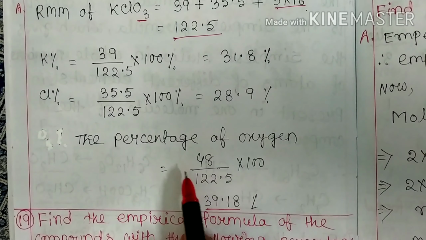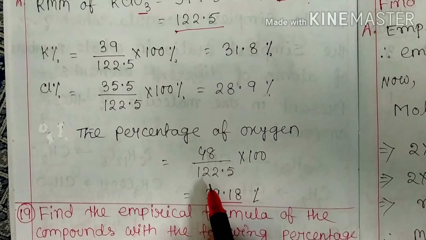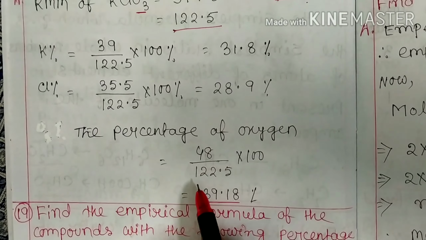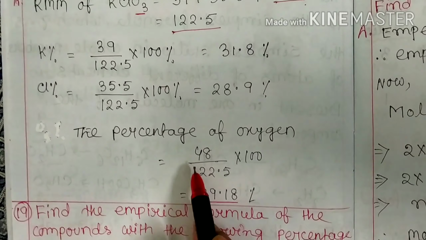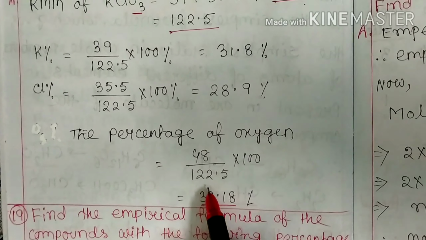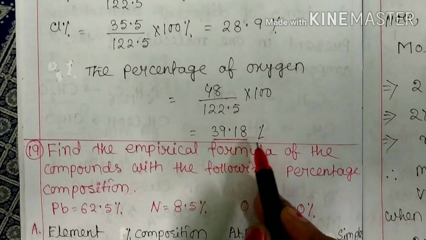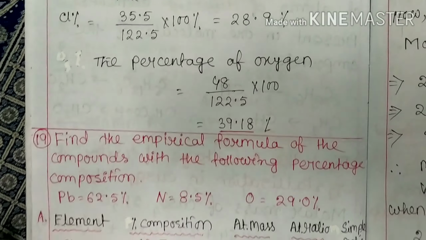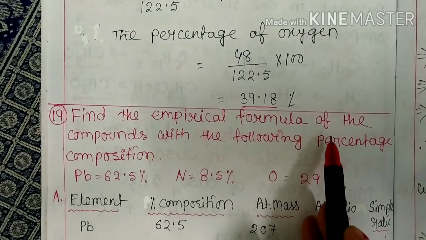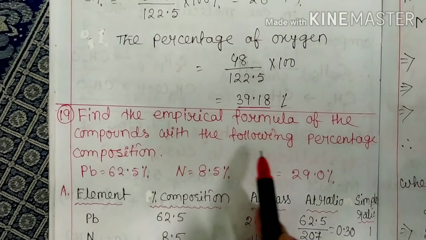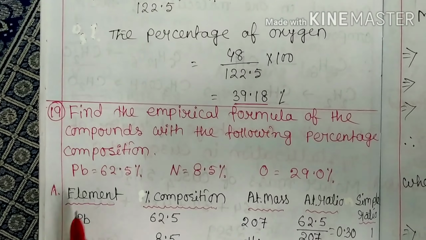So the mass of the element by molar mass of the compound equals to 48 by 122.5 into 100 equals to 39.18%.